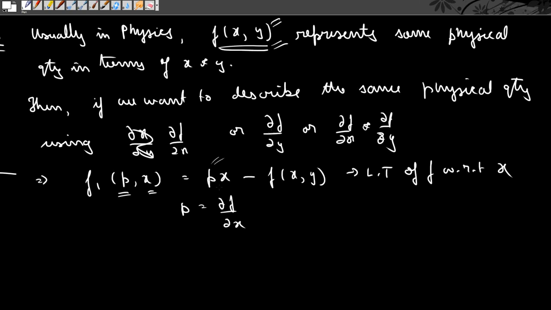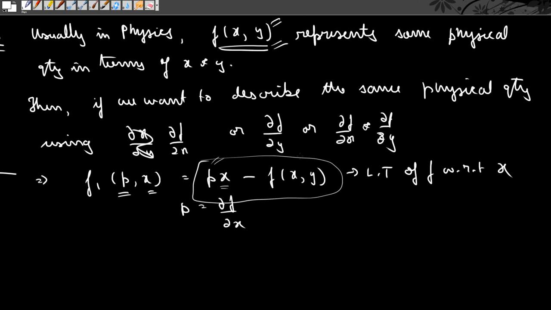Remember here p can't be any value, it should be equal to ∂f/∂x. And here again this x is actually, as we have seen, the value of x' where the expression px' minus f of x' y is maximized. That you should always keep in mind. This is not a direct equation, this is got by maximizing some function of x'.